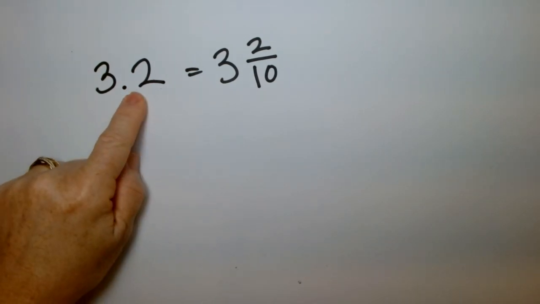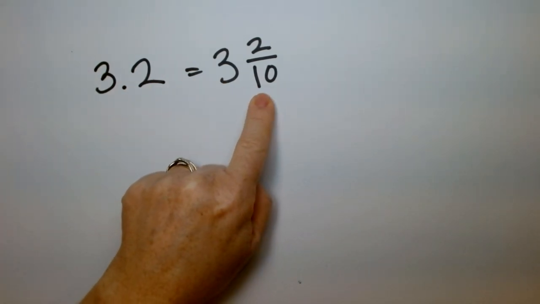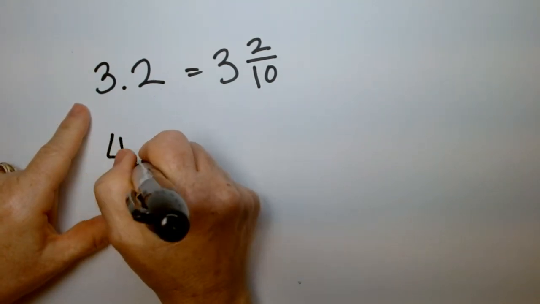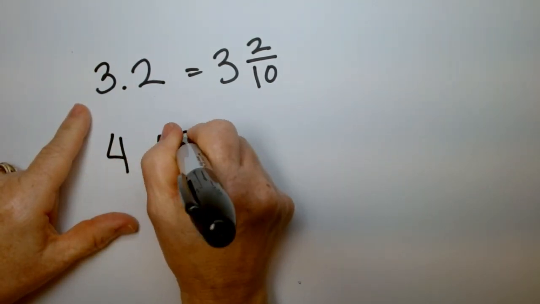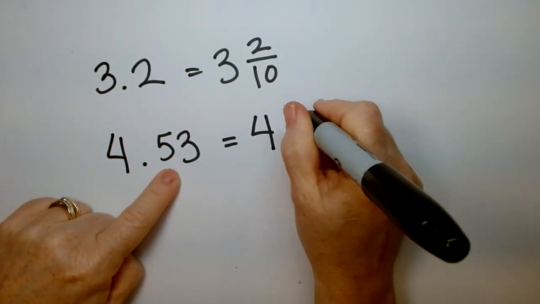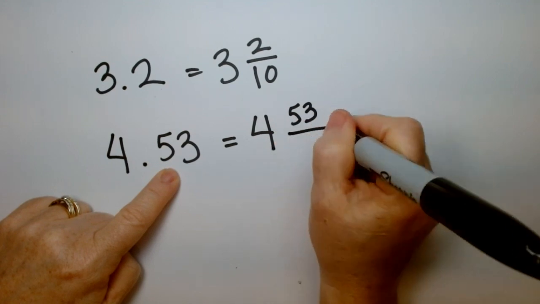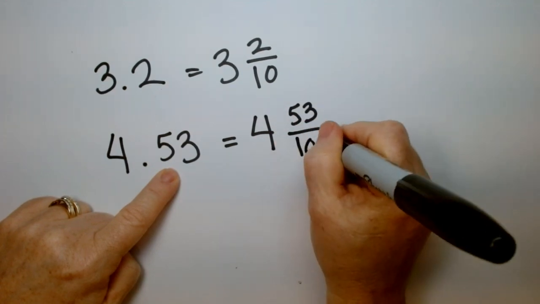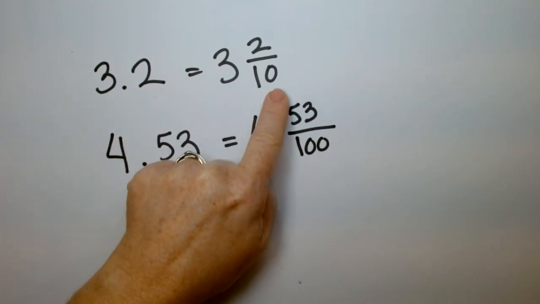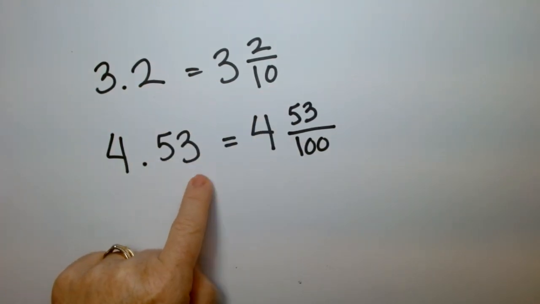This is the decimal, this is the fraction. It's always based on 10. So if I say 4 and 53/100ths, we just write 4 is the whole number, and you just write 53 over 100. Okay, so this is 1 decimal place, so there's 1 zero. 2 decimal places, 2 zeros.